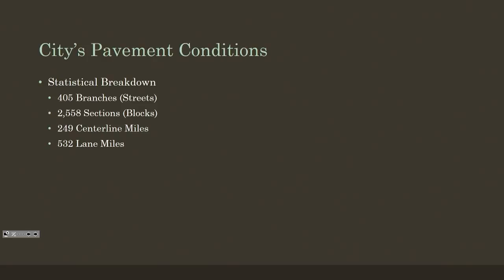Broadway has 5, Burdick has 4. Each lane has to be maintained. So the real important number here is 532. That's about the distance from Minot to a little past Minneapolis. And we have 42.1 million square feet of pavement that we are responsible to maintain.